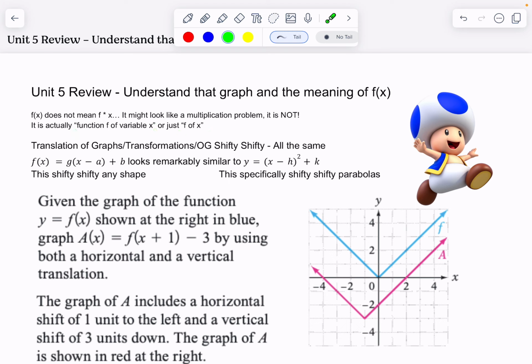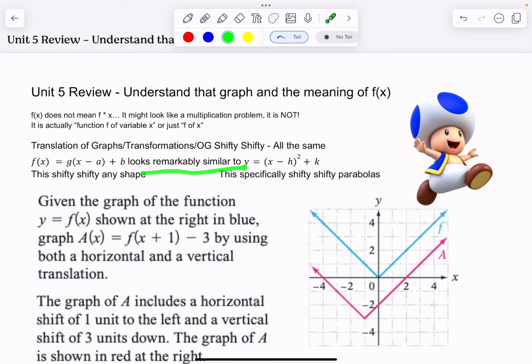Translation of the graph, otherwise known as transformations, otherwise known as OG shifty shifty. All the same. Same thing. Let's take a look. F of x equals g of x minus a plus b.